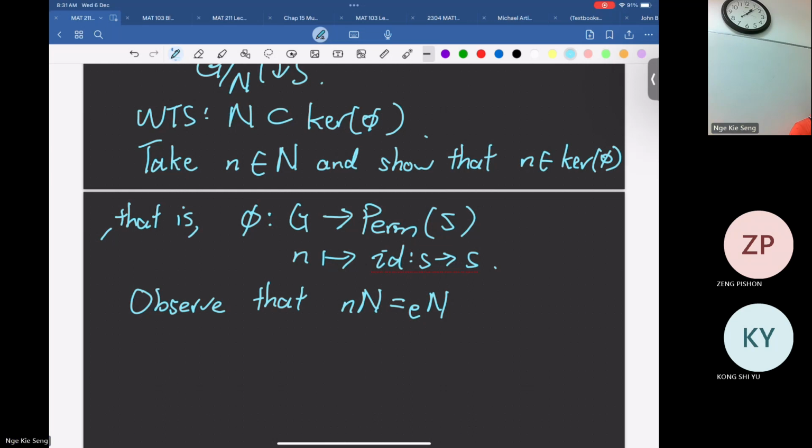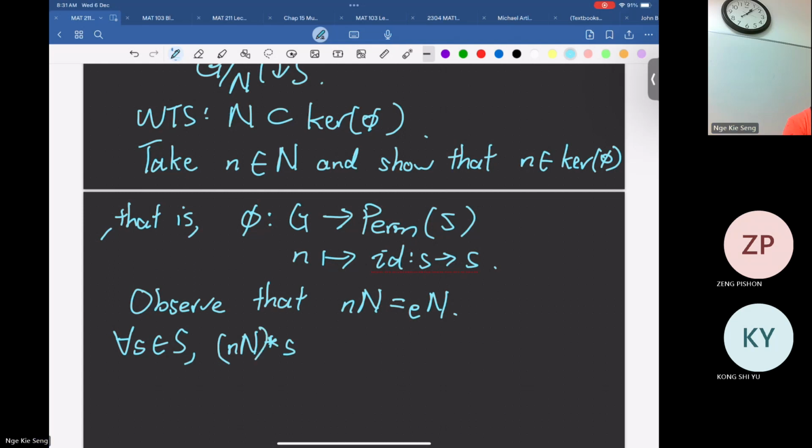And then apply the definition of the induced action. What do you get? Then for every s in X, what is n star s?